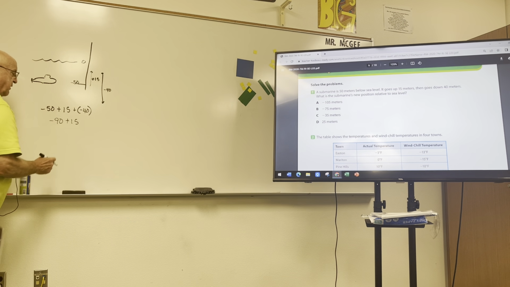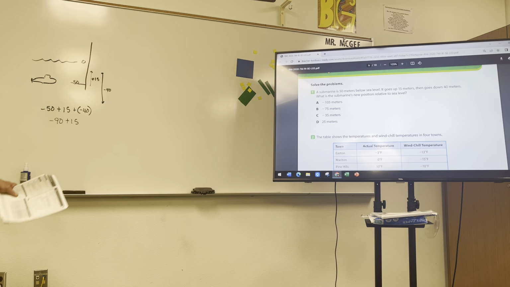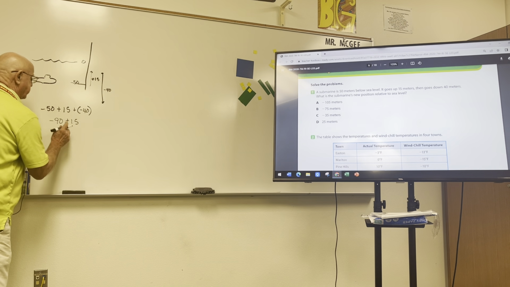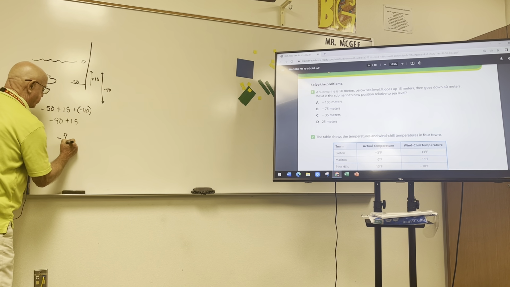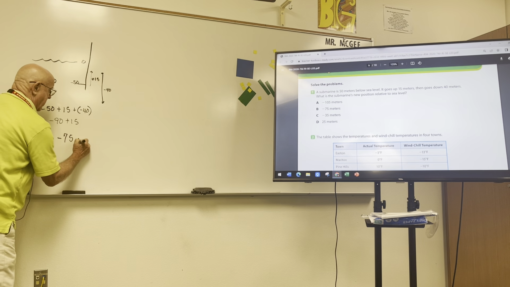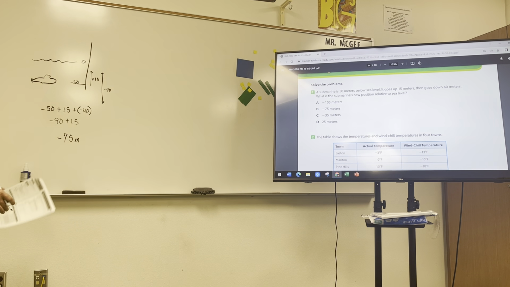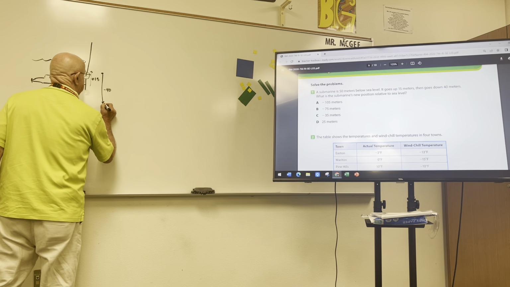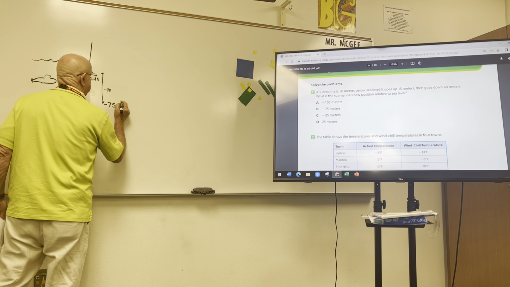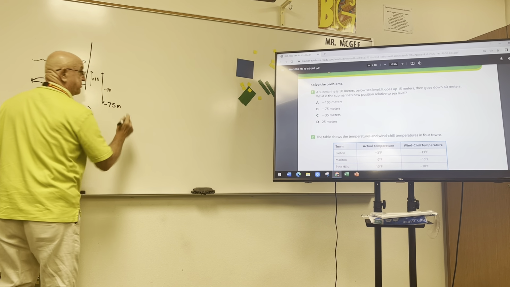Because this negative 90 has a higher absolute value than the plus 15, our answer is going to be negative. Then we simply subtract these two numbers. 90 minus 15 is 75. So our submarine, in reference to 0, is at negative 75 meters.